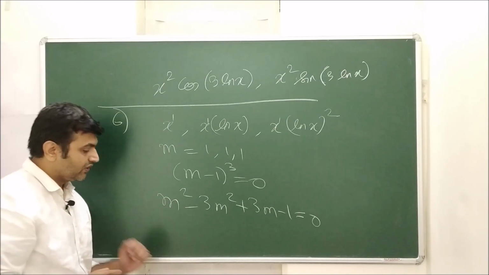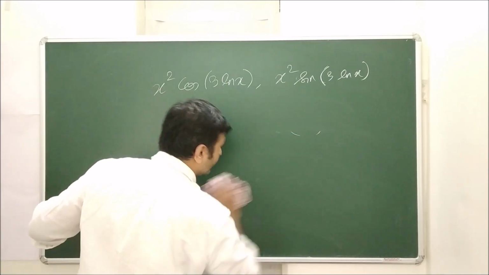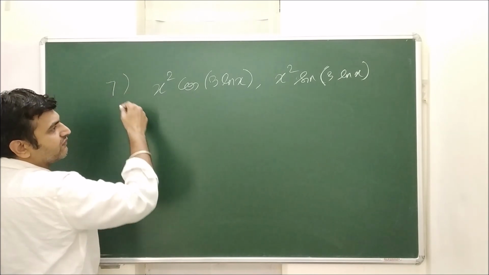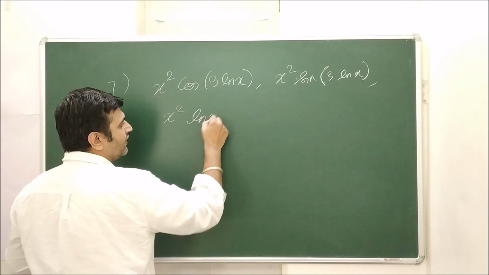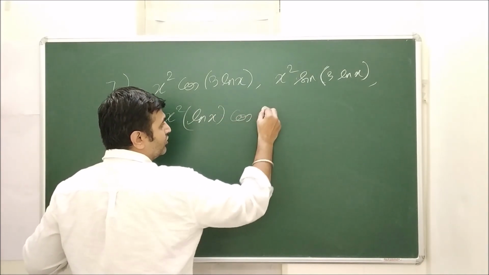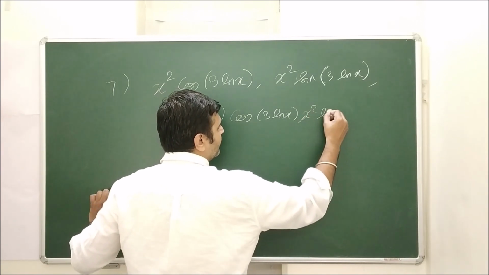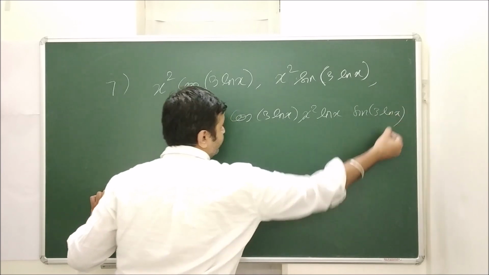Okay, so if I modify the same thing over here, I don't remember the numbering, I think it was the 7th. Now suppose x square ln x cos of 3 ln x and x square ln x sin of 3 ln x.